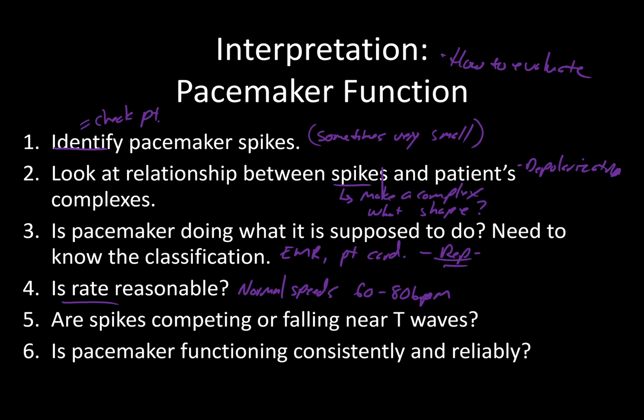Are the spikes competing or falling near T waves? If the spike is competing, it's actually happening on or within the QRS, or competing with the T waves. And so again, it's happening during that absolute refractory period.